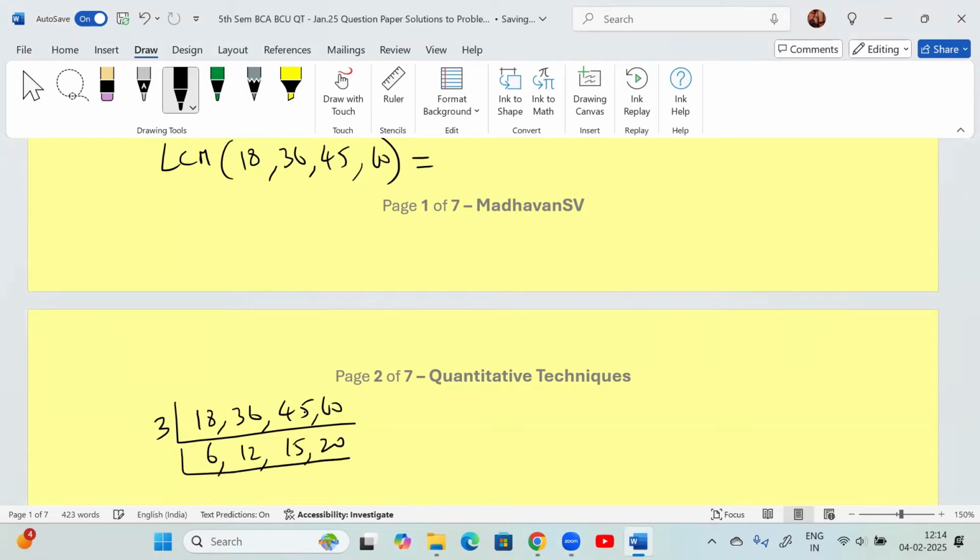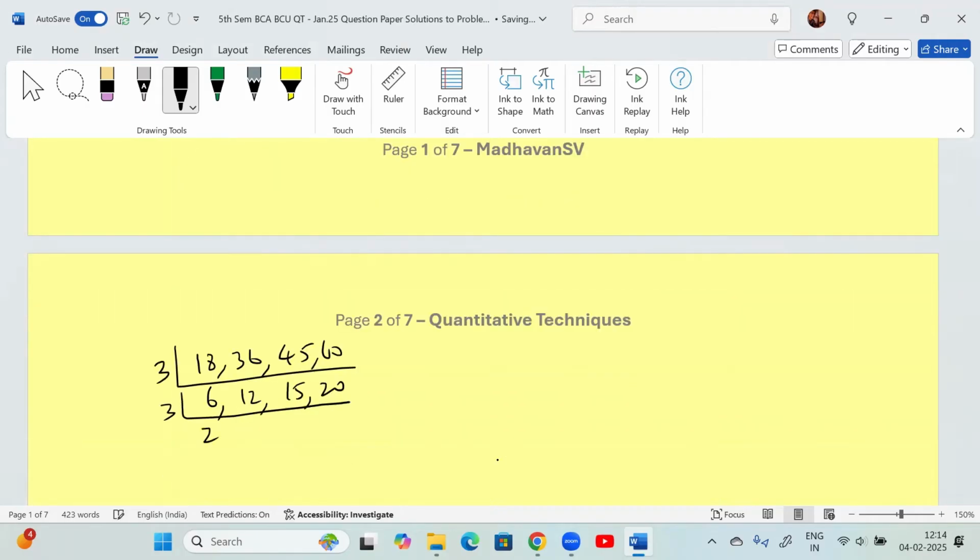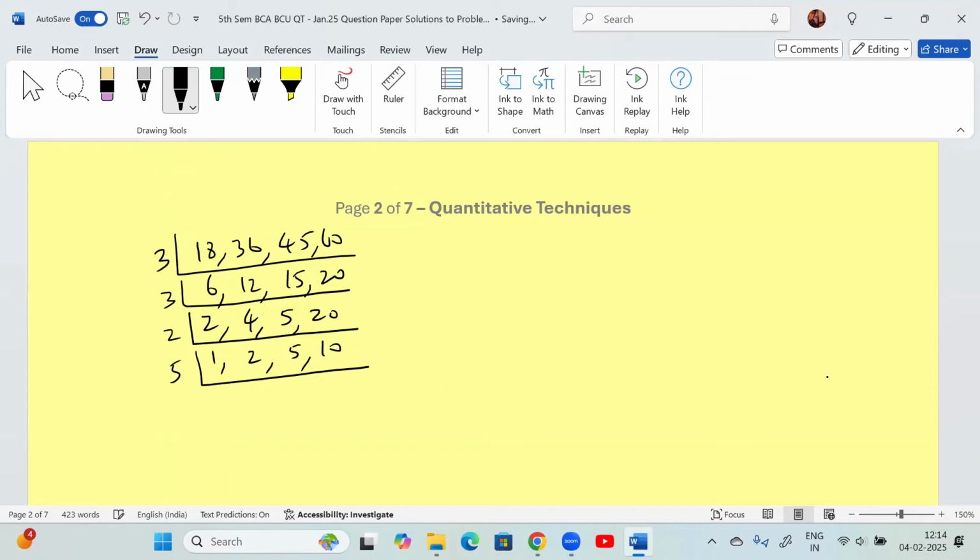Again, we will divide all this by 3. First one will become 2, this will be 4, this is 5, this is not divisible, so write as it is 20. Next, we will choose 2, this will become 1, 2, 5, it is not divisible, so this is 10. Next, we will choose 5. The one I will write as it is 1 and 2. Now finally we'll choose 2, 1, 1, 1, 1.